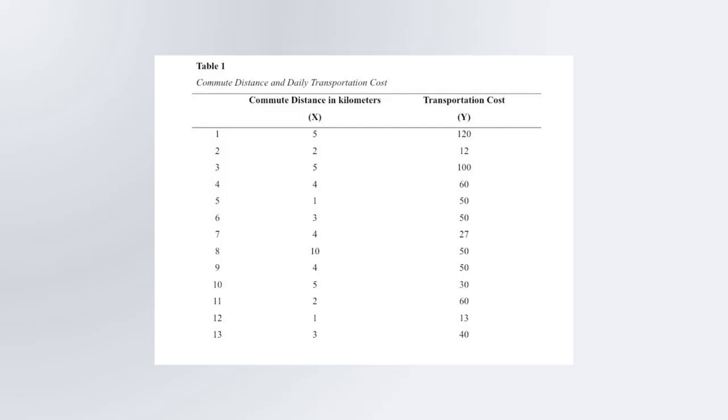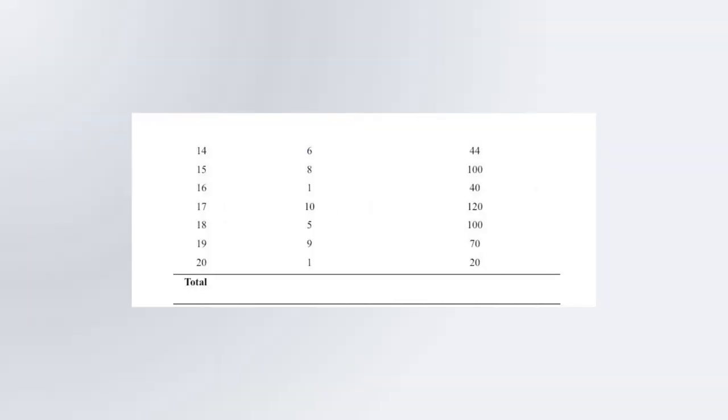So we have the commute distance in kilometers, which is one variable, and transportation cost, which is the other variable. So these are the 20 students that we surveyed through Google Form on May 15, 2026.